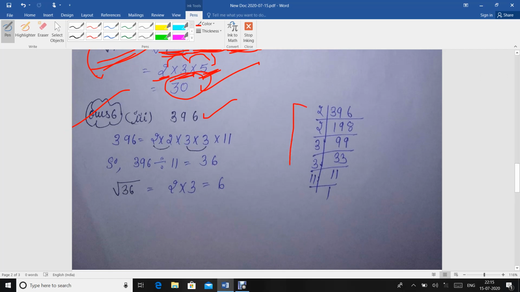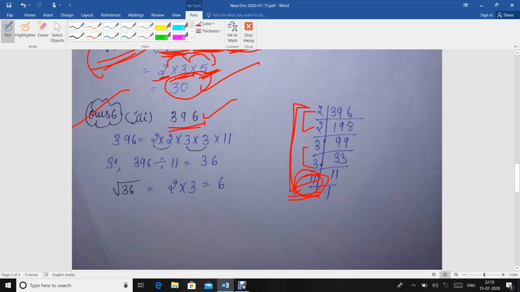First of all, we have to find out the prime factors of 396. So these are the prime factors of 396. Now these 2's are making a pair and these 3's are making a pair, but 11 has no pair. If 11 has no pair, then we have to divide this number by the number which has no pair.